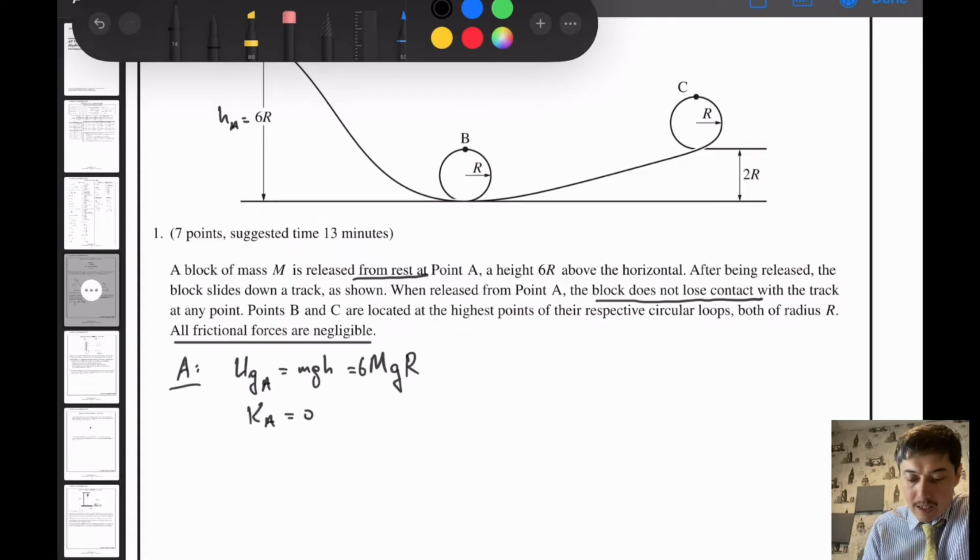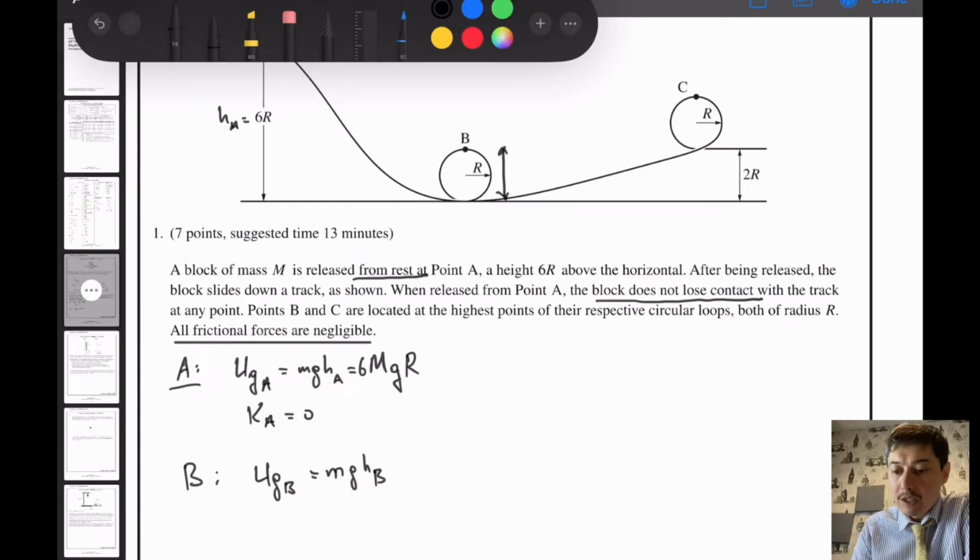What about kinetic energy at point A? 0. At point B, the gravitational potential energy again, mg, height of B. This is a circle with radius r, so the highest point has got height as 2r. So it's going to be mg 2r, so we can bring 2 here, 2 mgr.